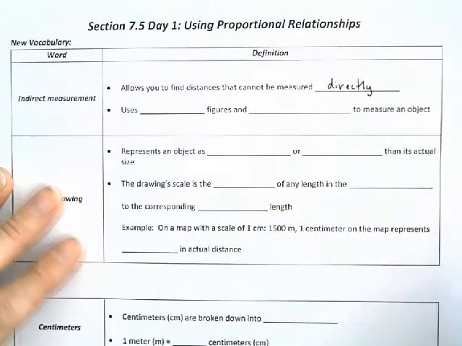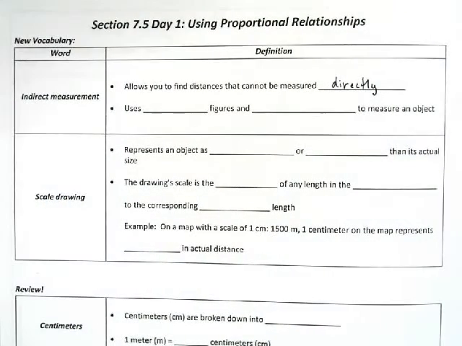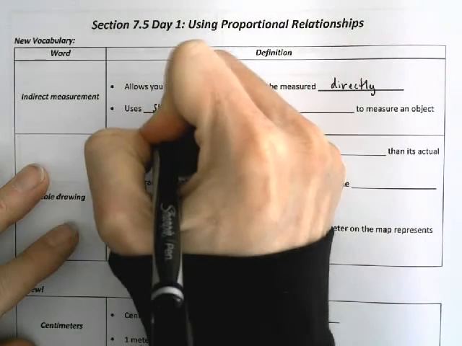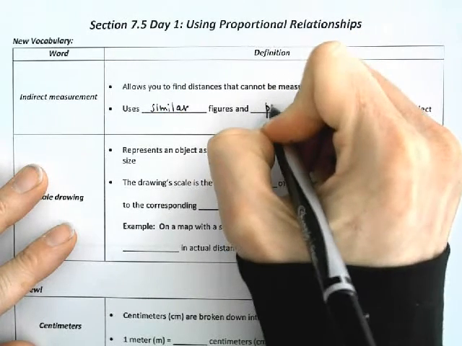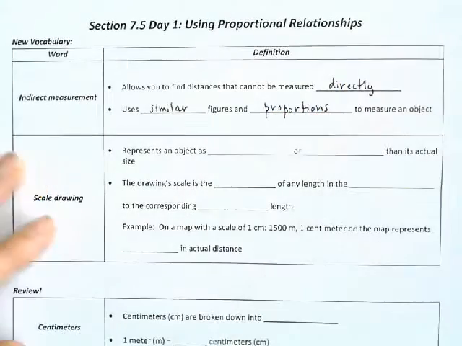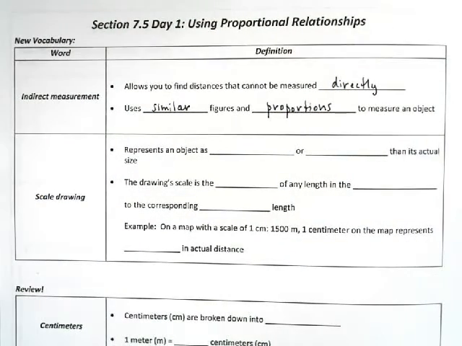I can't just go out and lay down a tape measure and measure that distance directly. We need another way to do it. Indirect measurement is going to use similar triangles and proportions to measure an object.